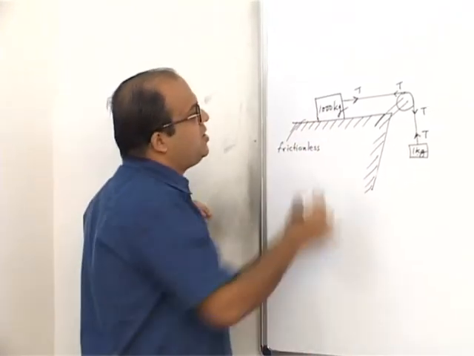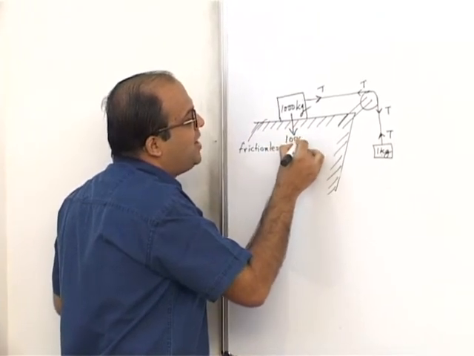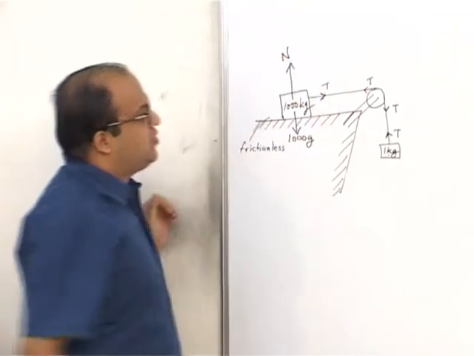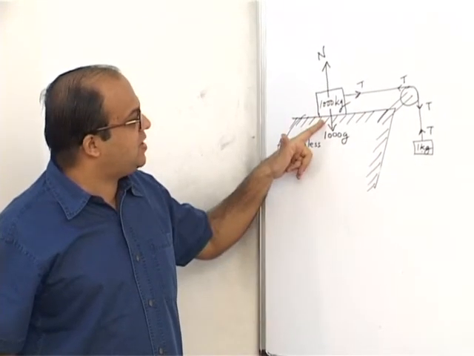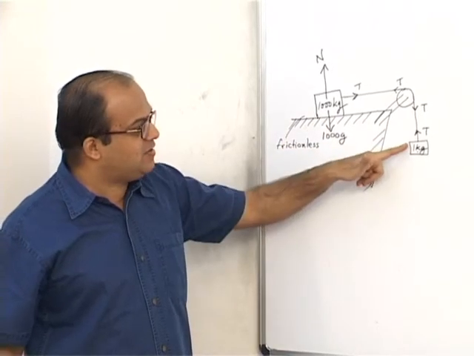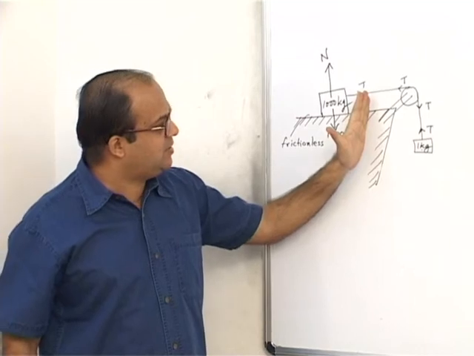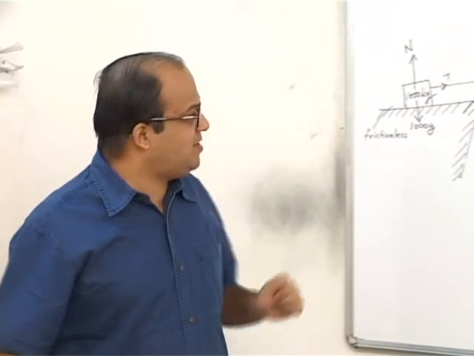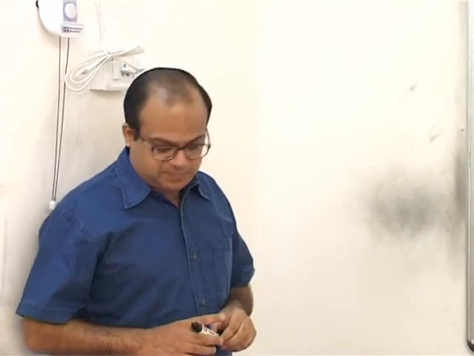The weight of the block does not come into picture. This weight automatically gets balanced by the normal reaction. So whatever be this mass, if this surface is frictionless, this mass will always be able to move down and make this block slide to the right. Right? Forces in perpendicular directions don't affect each other.